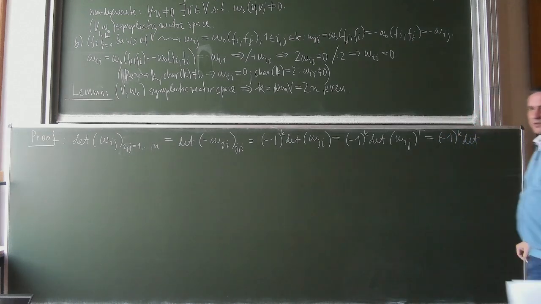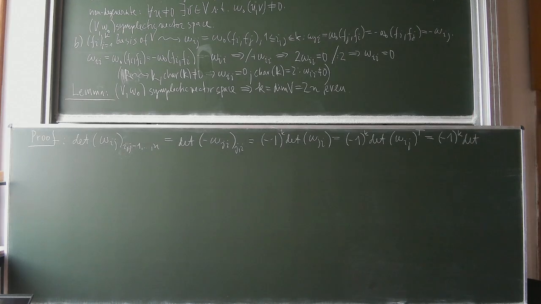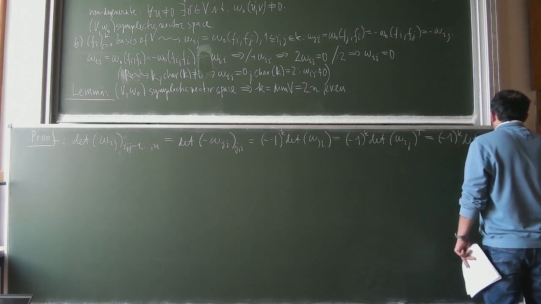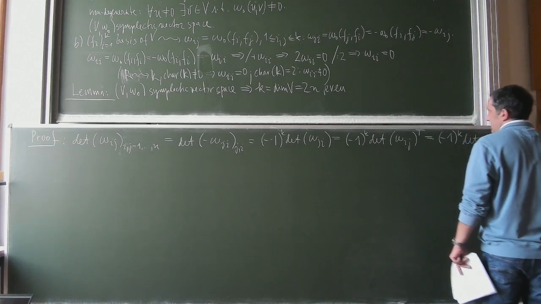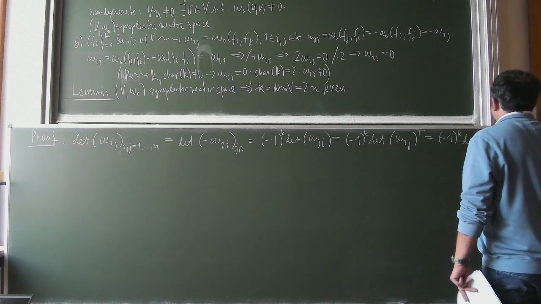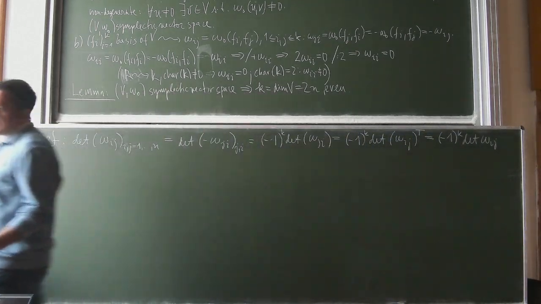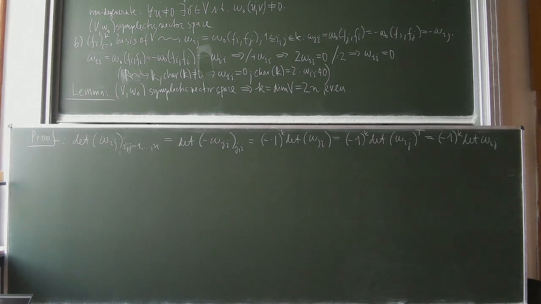Another well-known but tedious fact is that the determinant of a matrix is equal to the determinant of its transpose. Omega non-degenerate implies the matrix is non-degenerate; this I leave as an exercise.